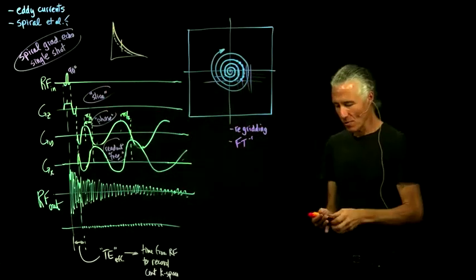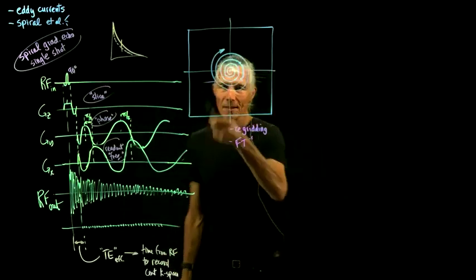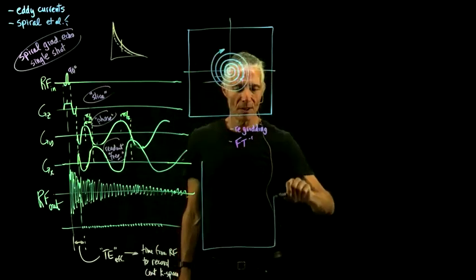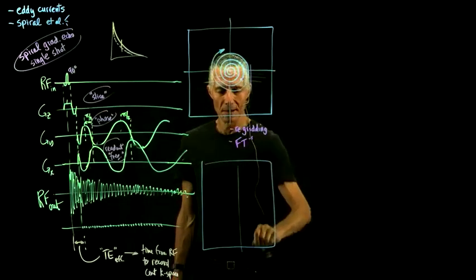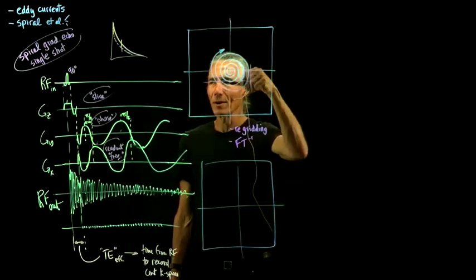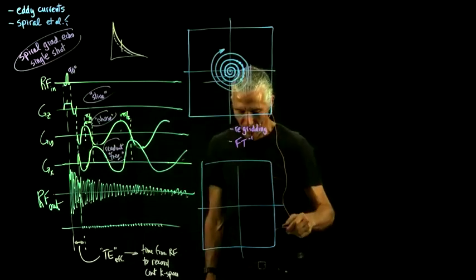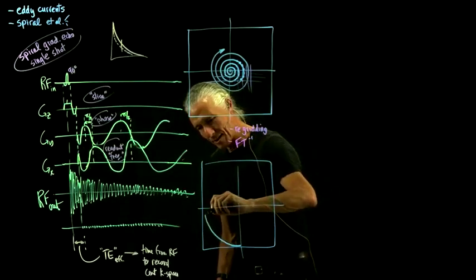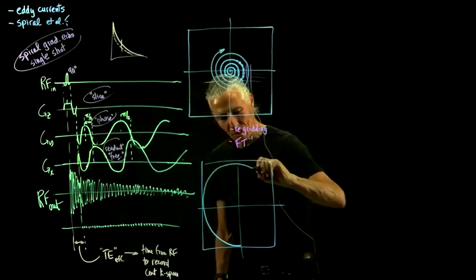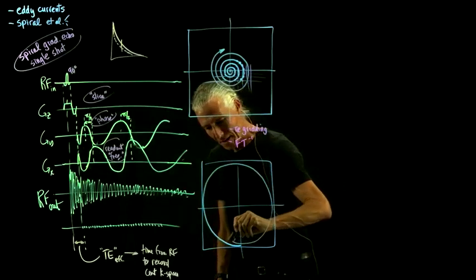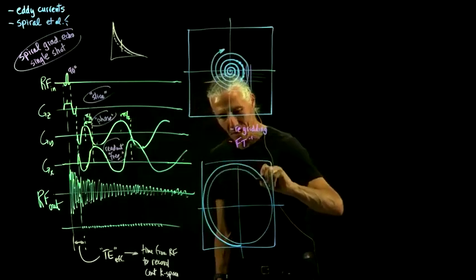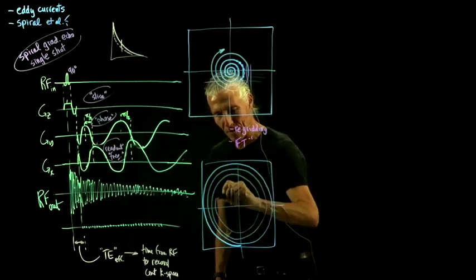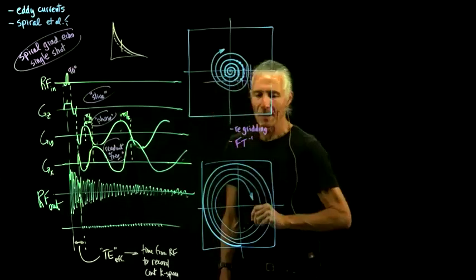So what you could do is record that anyway, or you could just go out to the edge of k-space. But since we're going to get out there anyway really quickly, we could basically just spiral inward. You could use the gradients to spiral inward, so you would then record the center of k-space last.